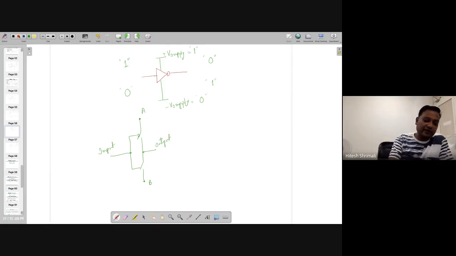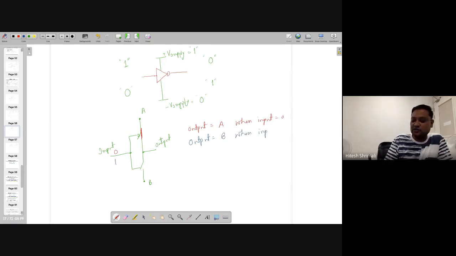So the functionality of this circuit is: output is equal to A when input is equal to 0. Look at this: if it is logic 0, this will be shorted and output is equal to A. Whereas when digital logic 1 is given to this circuit, output is equal to B when input is equal to digital logic 1.